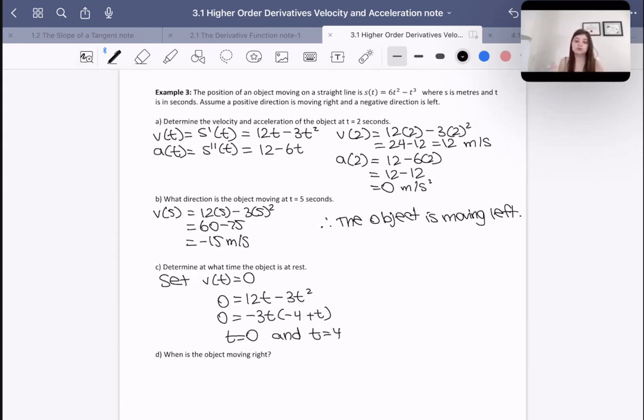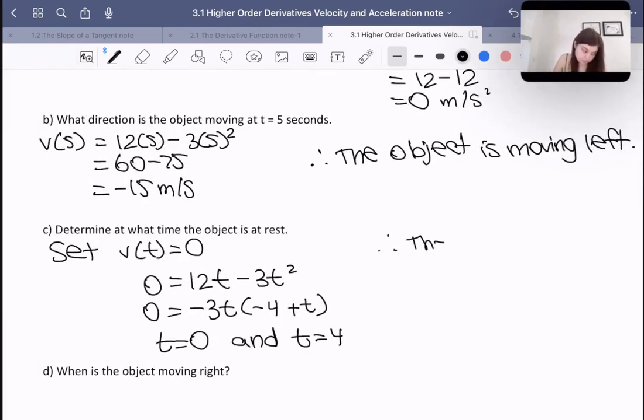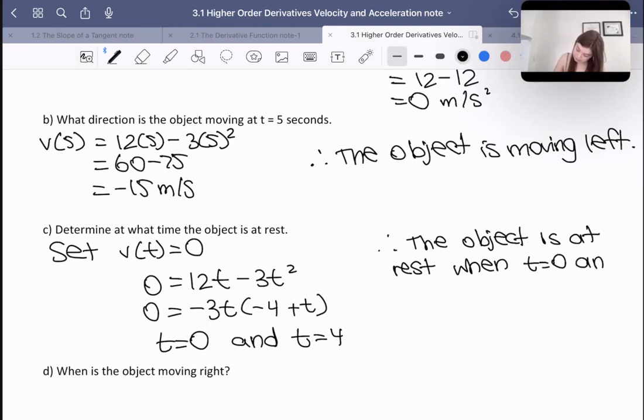So those are the two times the object would be at rest. All right, there we go. So therefore, the object is at rest when t equals 0 and t equals 4.